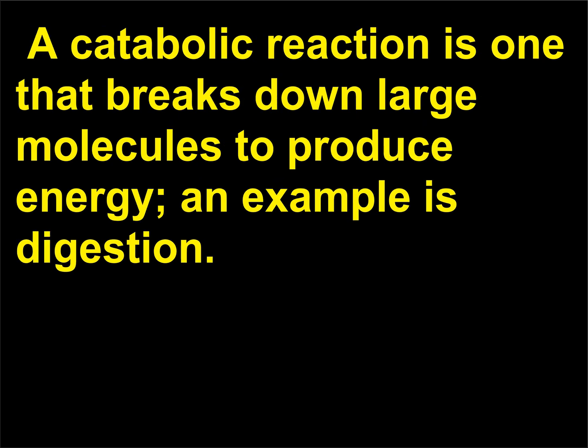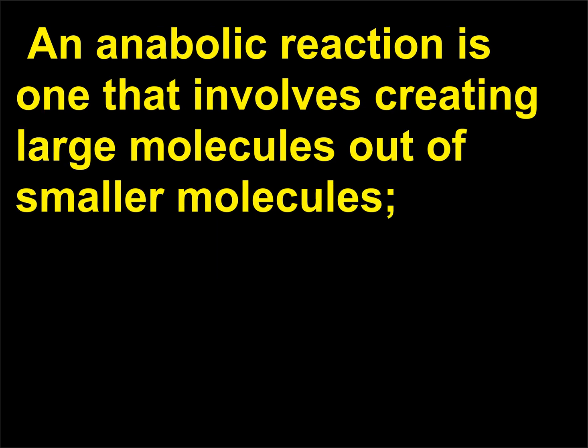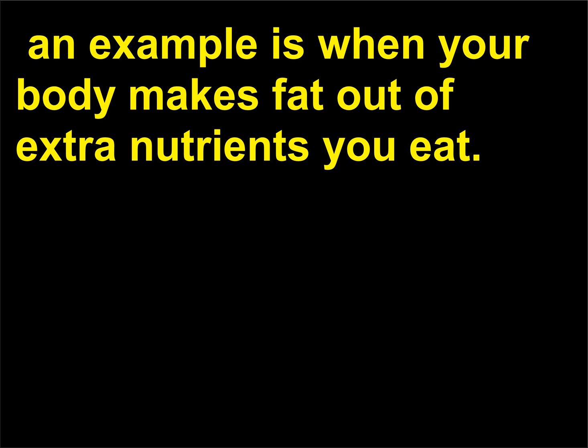A catabolic reaction is one that breaks down large molecules to produce energy, an example is digestion. An anabolic reaction is one that involves creating large molecules out of smaller molecules. An example is when your body makes fat out of extra nutrients you eat.